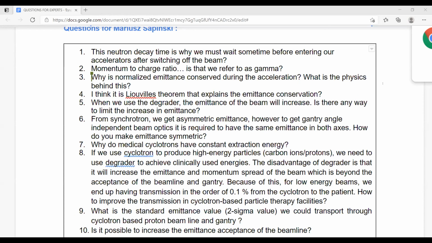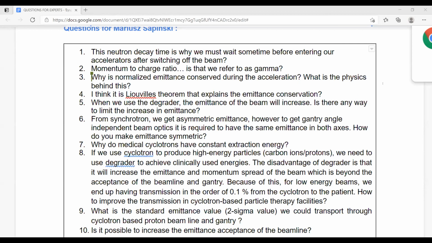They are usually absorbed within a few microseconds by some nuclei, but these nuclei which absorb them become unstable. So there is a certain decay time, and these decay times are usually much larger than 11 minutes. So usually we have to wait more before entering the accelerator. It really depends on what kind of beams we had in the machine and what the beam losses were.